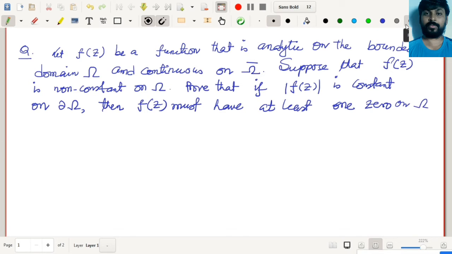Actually this problem can be solved using the maximum modulus theorem.